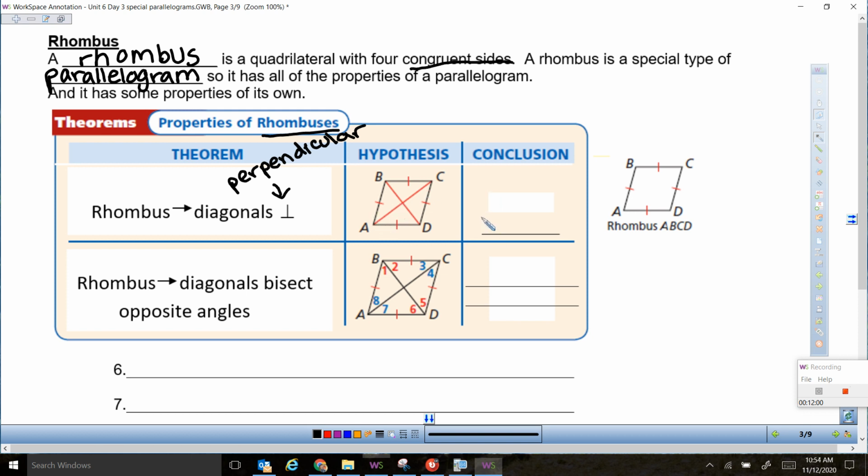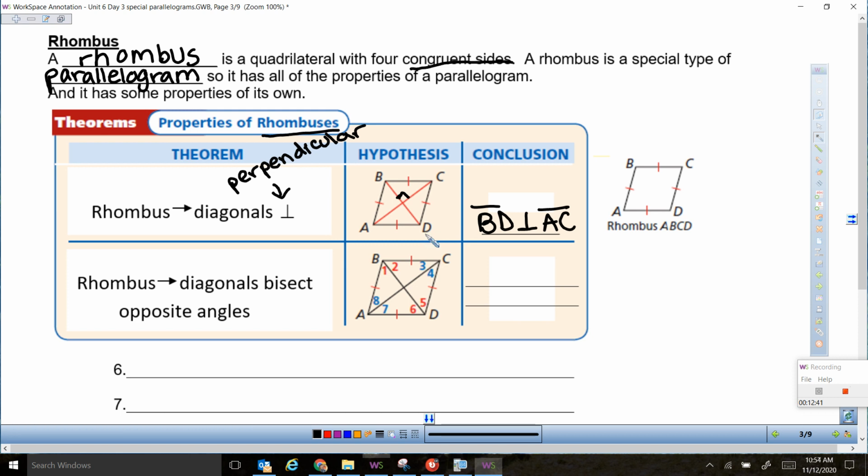So for the conclusion, we're going to say that BD is perpendicular to AC. And if two lines are perpendicular, they meet at what type of angle? 90 degrees. So all four angles in the center are 90 degrees. They're all right angles.